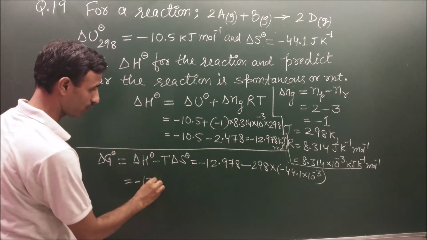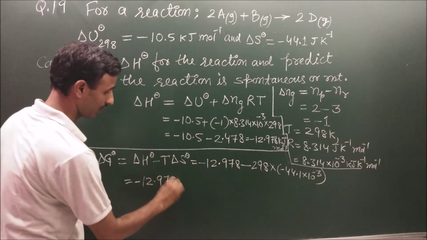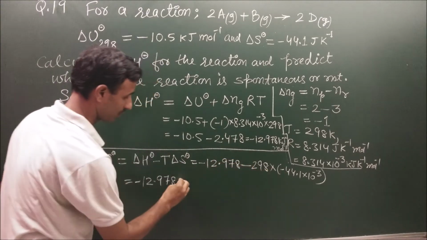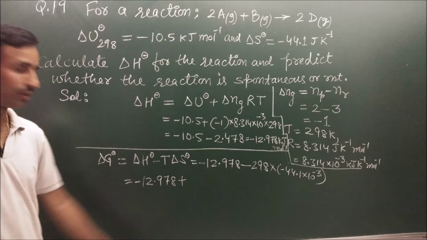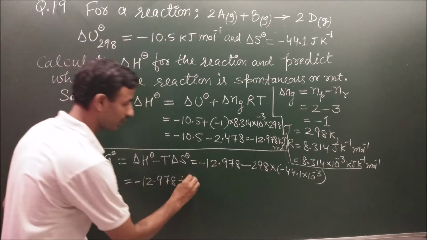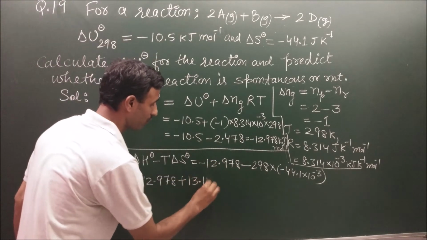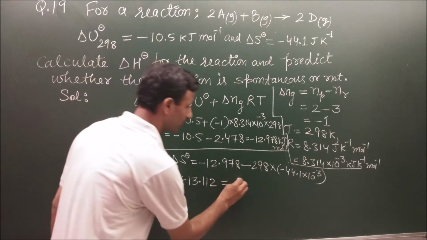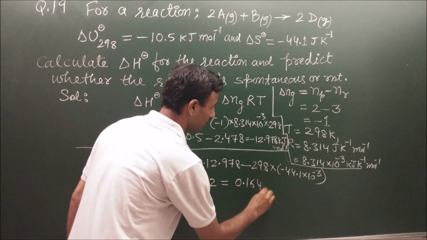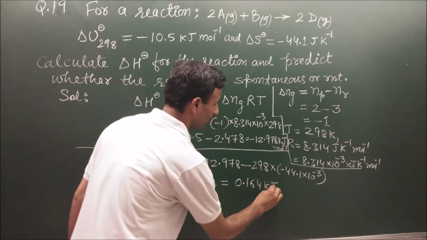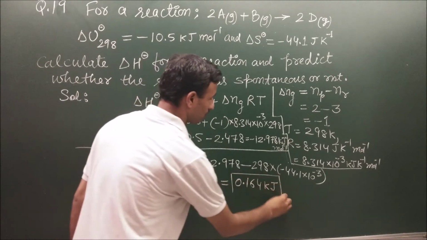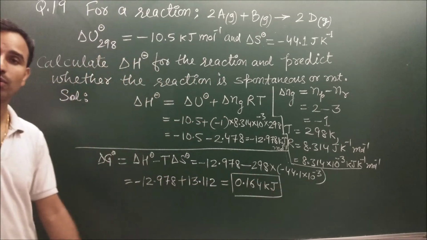Minus 12.978 minus, which becomes plus, multiply these values, 13.112, it is 0.164 kilojoule. So the value comes out to be positive.